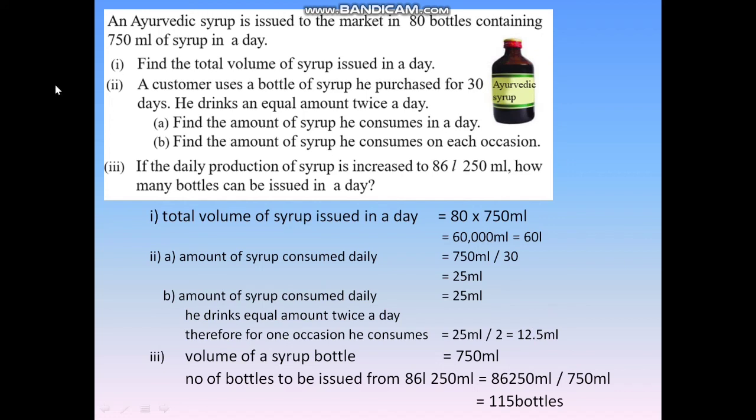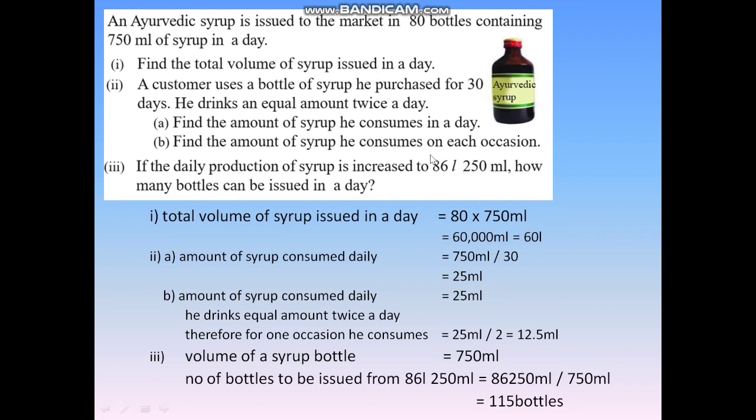Third part. If the daily production of syrup is increased to 86 liters and 250 milliliters, how many bottles can be issued in a day? See, the total production is 86 liters and 250 milliliters. One bottle is of volume 750 milliliters.